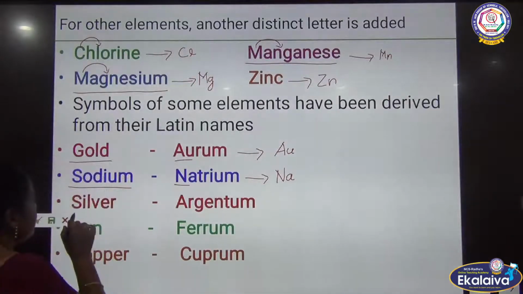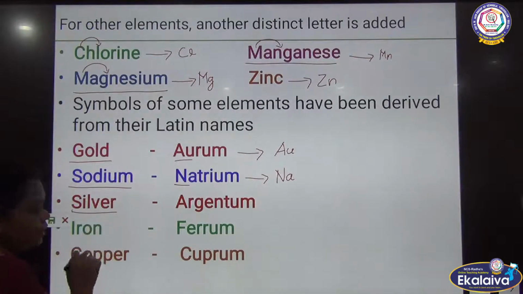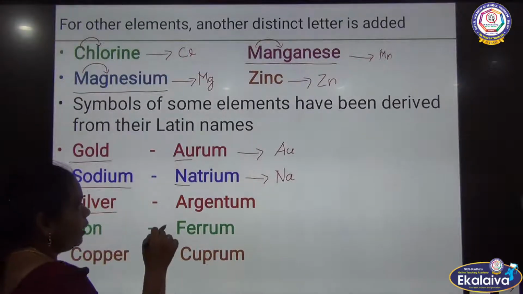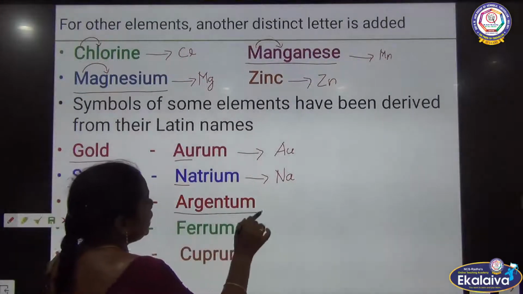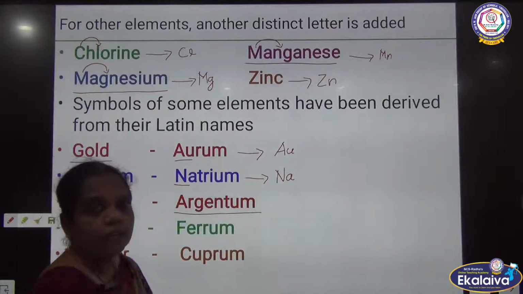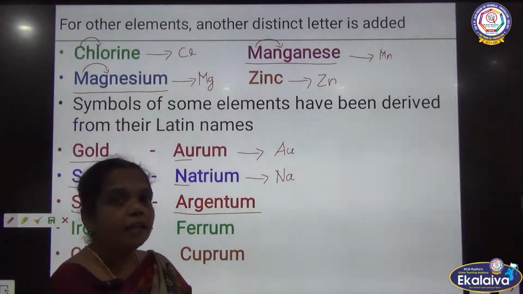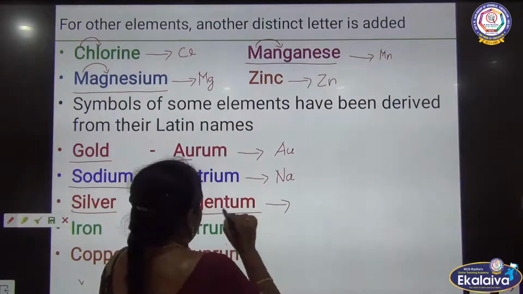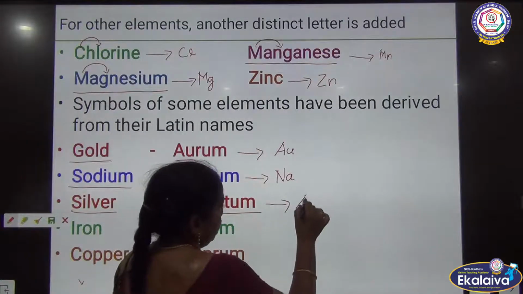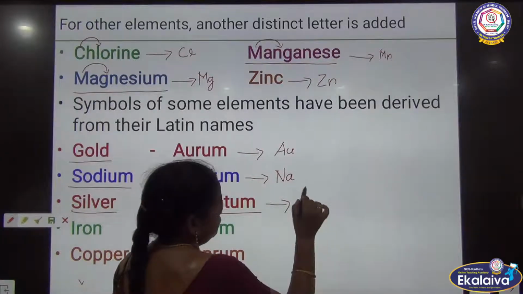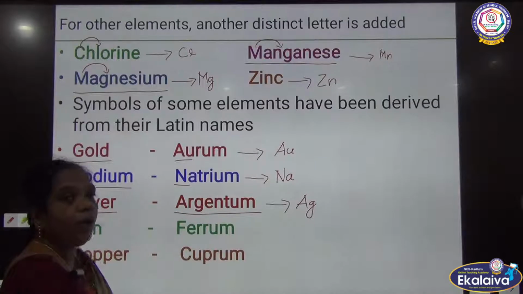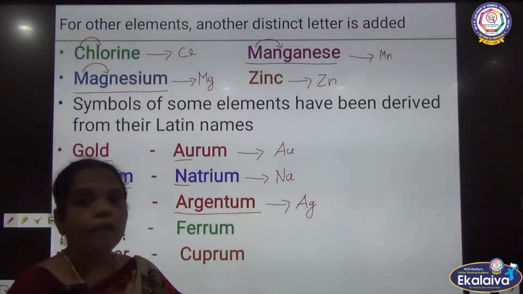And next, silver. What is this called? Silver. The Latin name of silver is argentum. So the symbol for silver is Ag, because Ar is already assigned for argon.